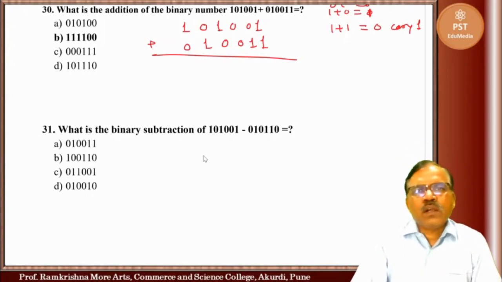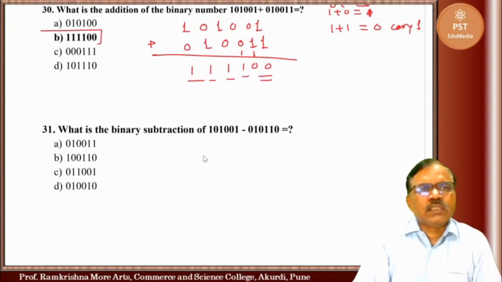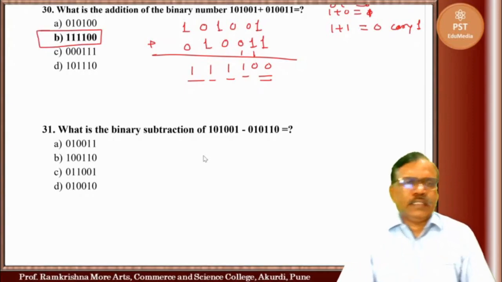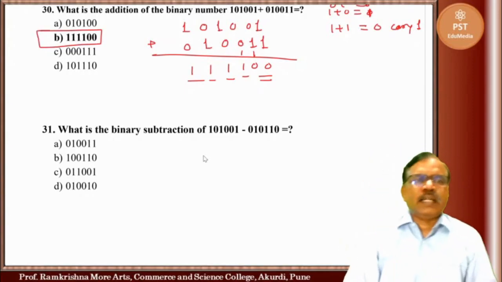So here 1 plus 1, so 0 carry 1, so 1 plus 1 is 0 carry 1, so 0 plus 1 is 1, 1 plus 0 is 1, so 111100. So this is the correct answer.